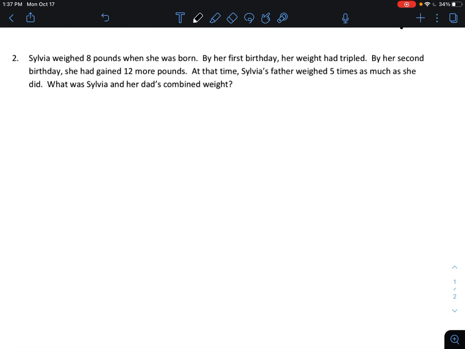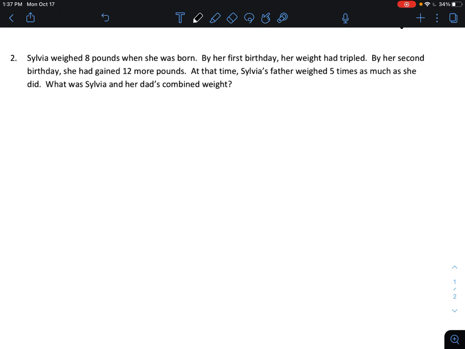All right, redraw. So Sylvia weighed 8 pounds when she was born. I'm going to put 8 pounds. By her first birthday, her weight had tripled. All right, so what math expression would show that her weight had tripled?